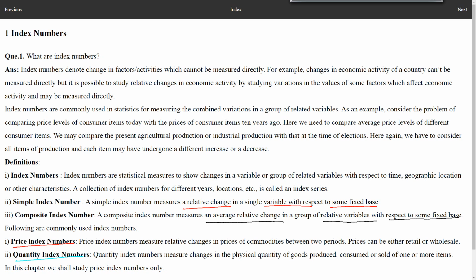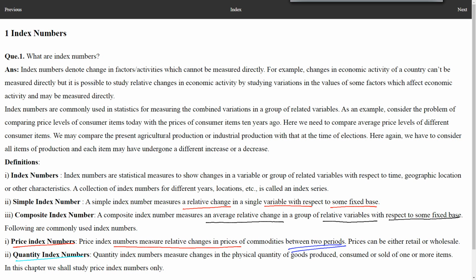So what are price index numbers? Price index numbers measure relative change in prices of commodities between two periods. So it is a comparison between two periods, base period and current period.